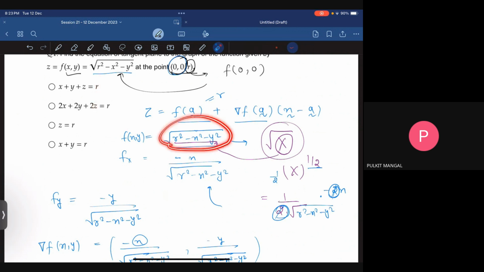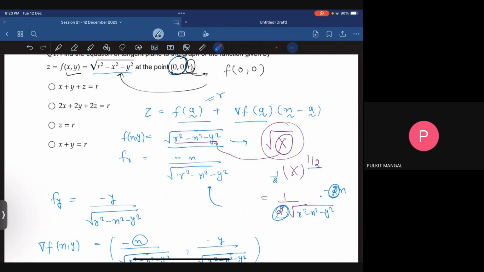We consider the inside expression, r square minus x square minus y square, to be one capital X. Now my function becomes under root of capital X. The derivative of root x is x to the power 1 by 2, which gives 1 by 2 times under root of x, because half minus 1 gives negative half.